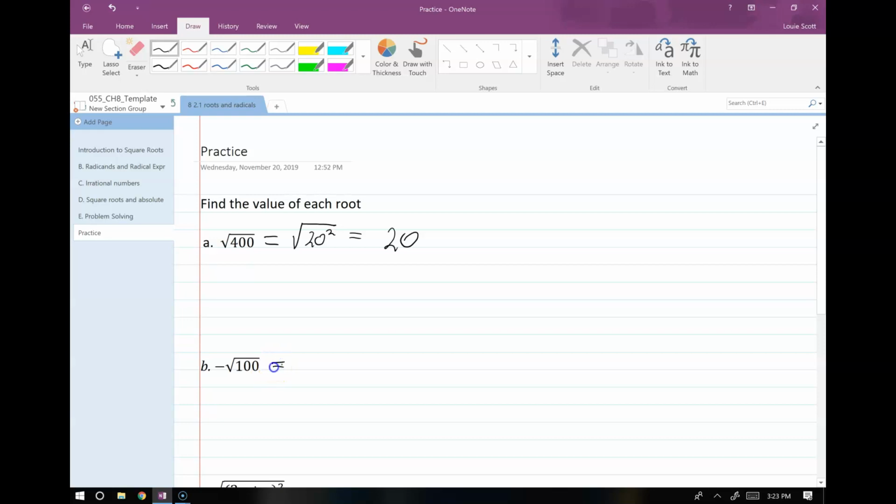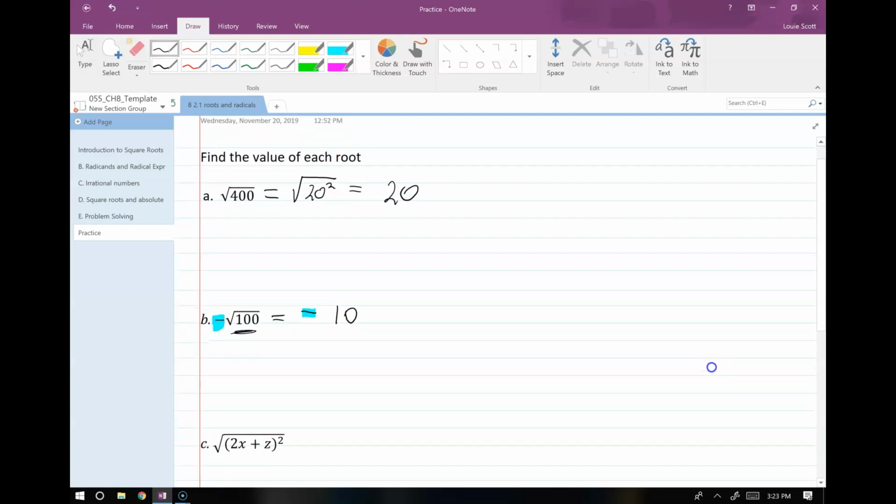This one here, remember, it's okay for this to happen. The negative sign out in front, that's totally fine. It's the negative sign inside that's bad, right? And so this, I think I heard somebody say it already. Yeah, negative 10 on this. Square root of 100 is 10. The negative sign's on the outside, so there it is.